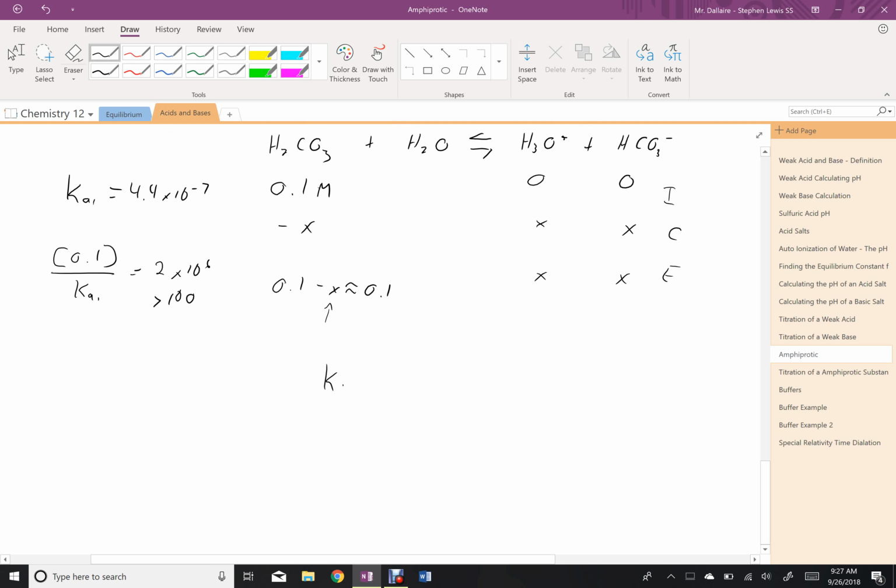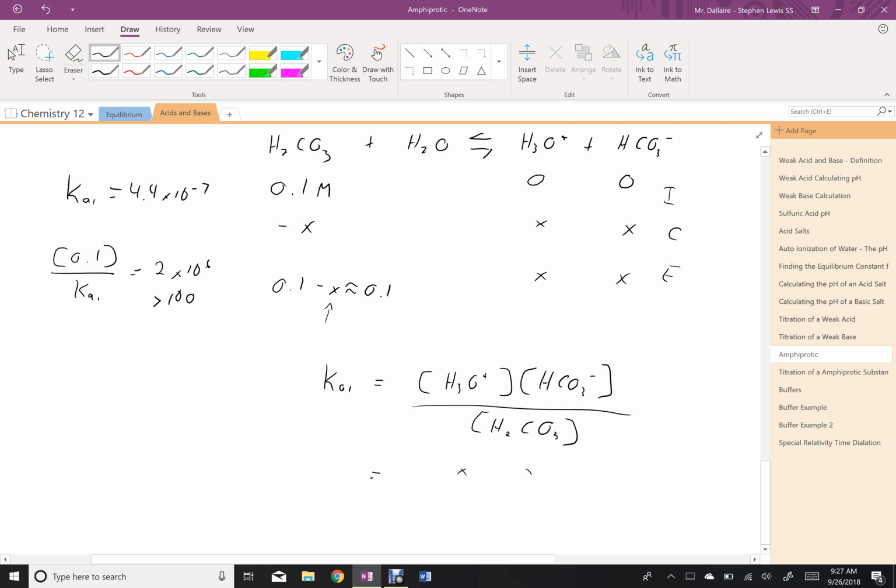But at this point, we sort of assume we know what we're doing here. So my Ka1 expression here is the concentration of my H3O plus times the concentration of my HCO3 minus over the concentration of my carbonic acid.